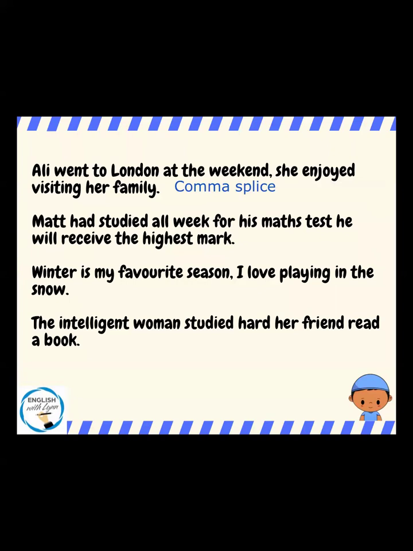I have got my main clause here. Ali is my subject, went is the verb. And then my second main clause, let me see what it is doing. She enjoyed visiting her family. So it's kind of telling me a bit more about what she is doing.